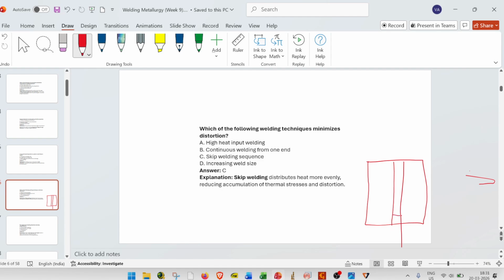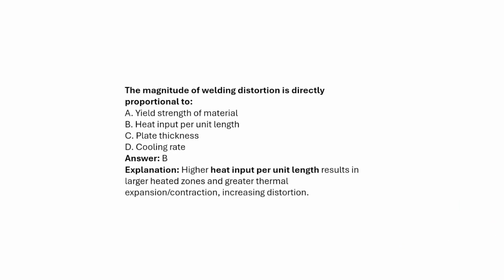First we will weld up to a certain portion, then we will skip to another location, and another location, so that the thermal distribution becomes more even and the thermal stresses become much lower, which results in less distortion.